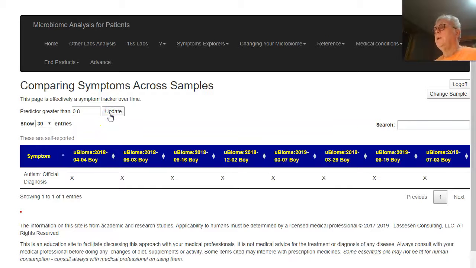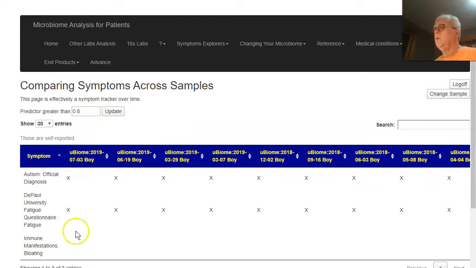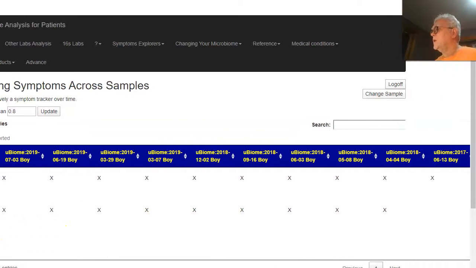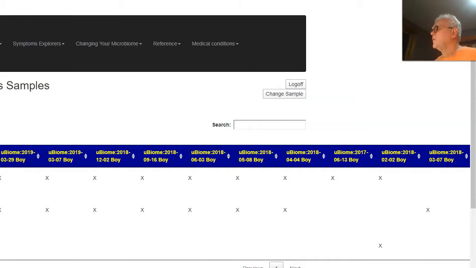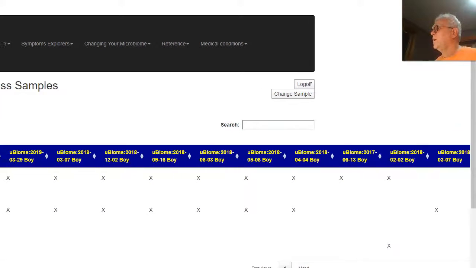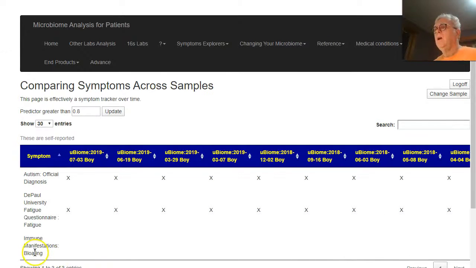We go down a bit, and we have fatigue as a very dominant characteristic going across time, sort of improved for a while and then disappeared. And then we have immune bloating showing up for a short period of time.